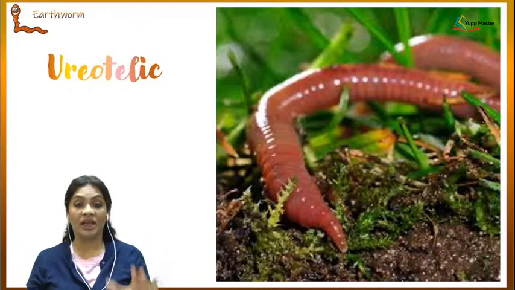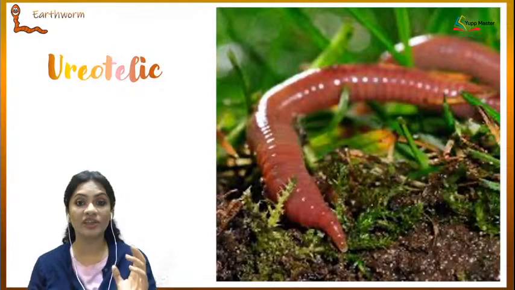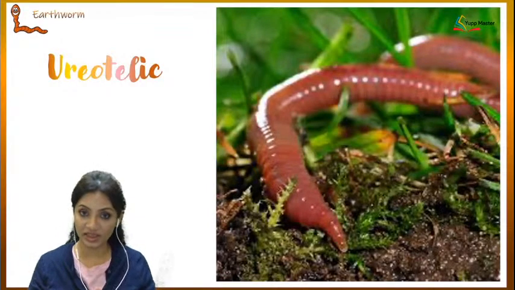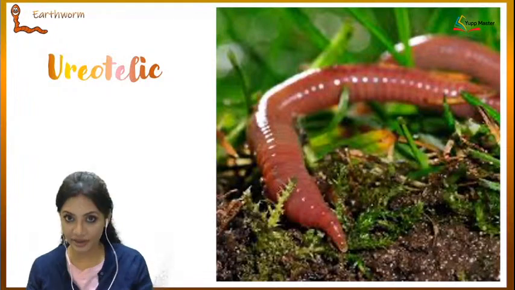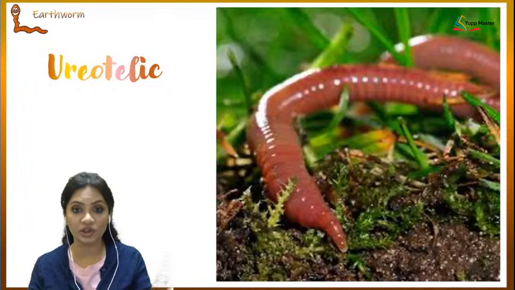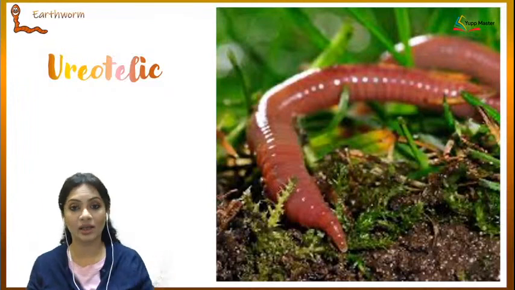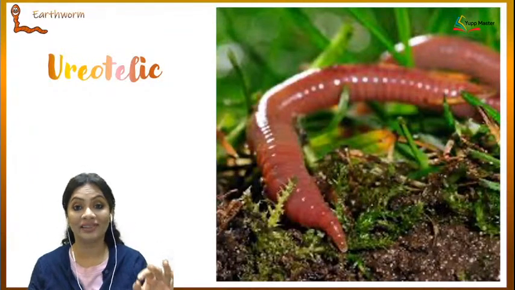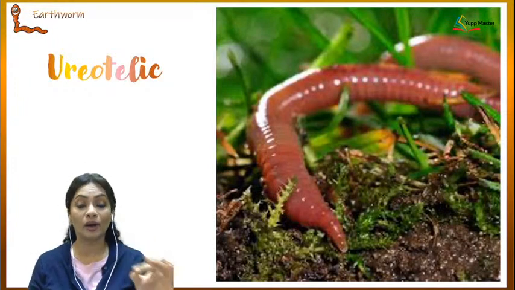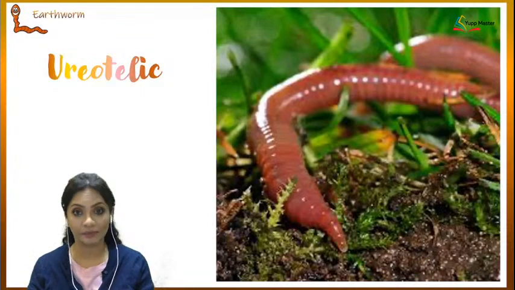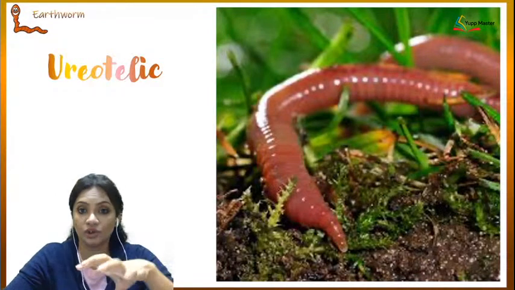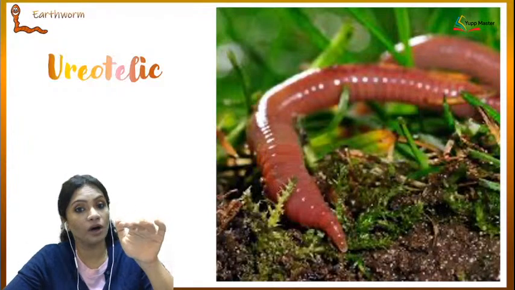This earthworm is an organism which exhibits a dual mode of excretion, which means that during the rainy season, where it is wet outside and the earthworm is out on the upper surface of the land and there is a lot of water around it, at that time this earthworm does show properties of ammonotelism, which means that it would be excreting out its nitrogenous waste in the form of ammonia.